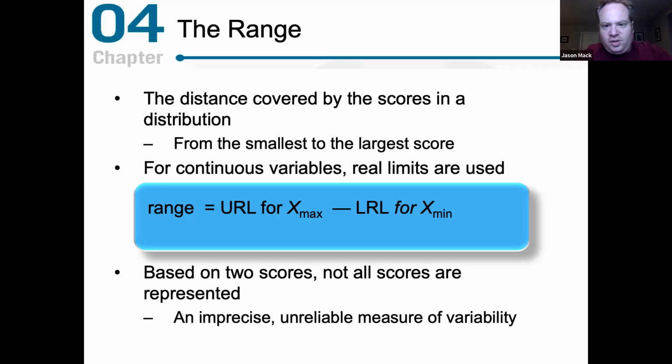The URL is the upper real limit, the LRL is the lower real limit. The range more accurately defines the maximum score minus the minimum score, the large number minus the small number. Again, the real range has +1, and there's absolutely a video entitled Assignments 3 and 4 Explanation that walks you through that in greater detail from me. So that's based on 2 scores. Not all scores are represented, an imprecise, unreliable measure of variability.